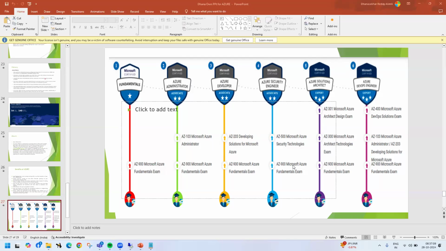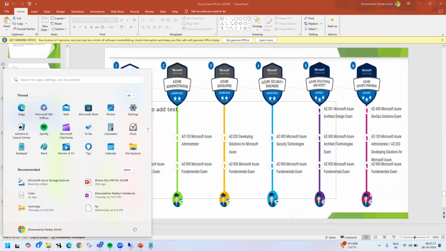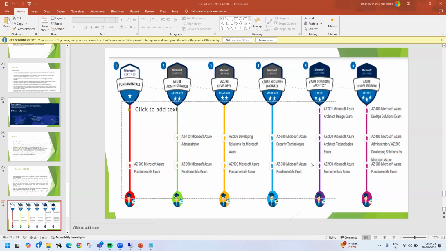Out of them, first you have to go for Microsoft Azure Administration and DevOps. Those certification papers are AZ-104, Azure Administration, and AZ-400.